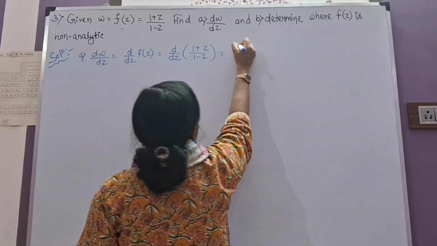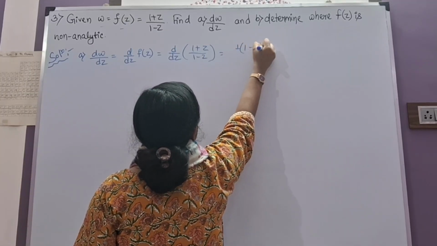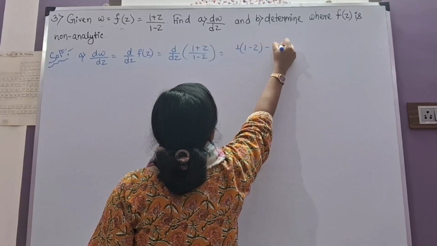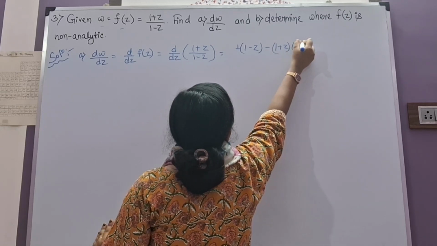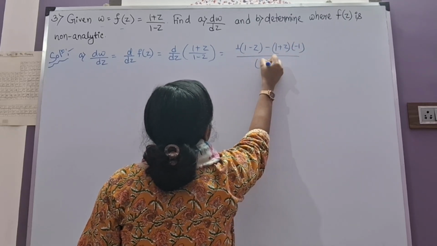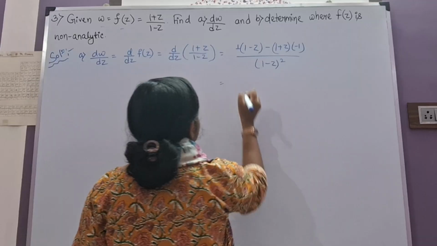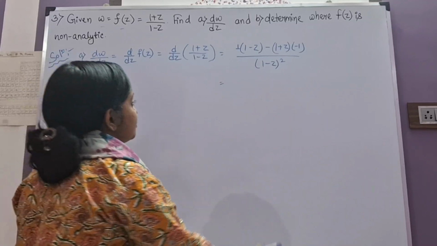Now this is equal to 1 into 1 minus z minus 1 plus z into minus 1, by 1 minus z whole square. That is a simple derivative actually.